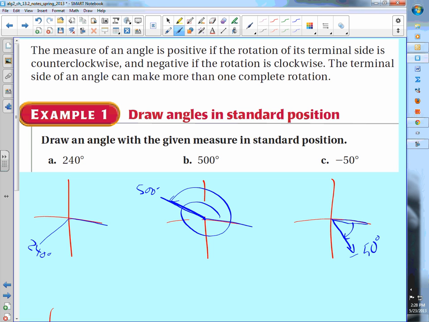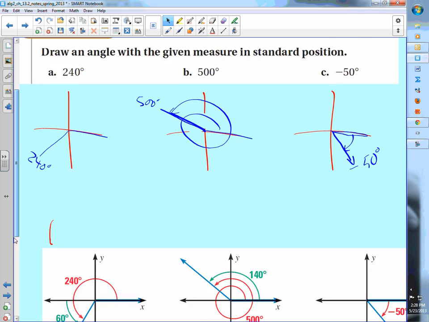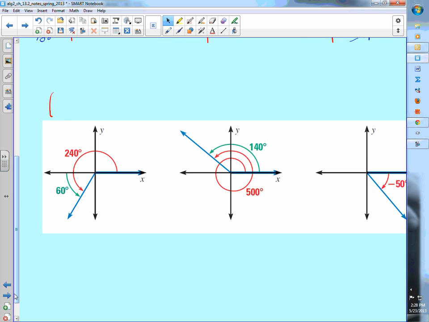I'm not going to get too worked up over that, but if your -50 is up here, I'm going to have a problem. If it's right next to the -90, then we're really not in the ballpark. So this angle right here is a little bit more than half.